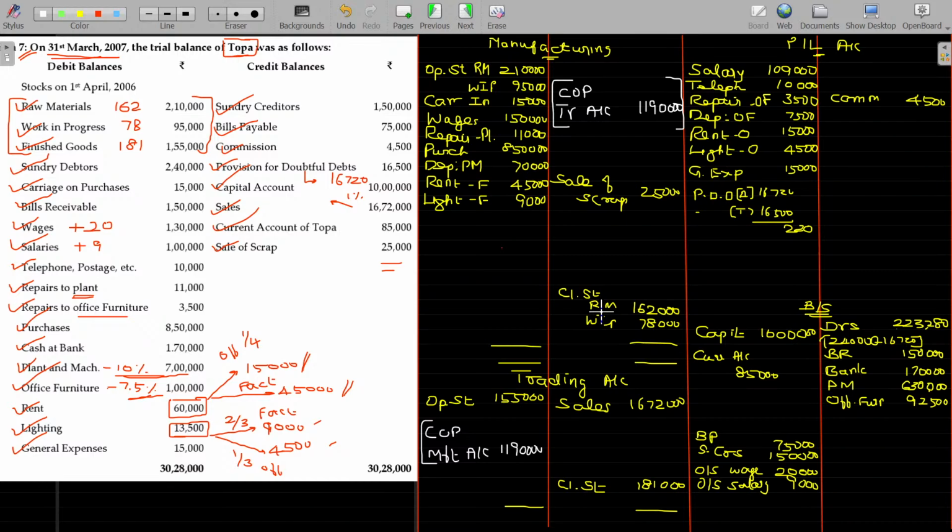Already 11 lakhs 19,000 is there in the credit side. 12 lakhs 15. 14 lakhs, 14 lakhs 50, 5,000. Okay, 14 lakhs 55,000. Be careful with that. Okay.